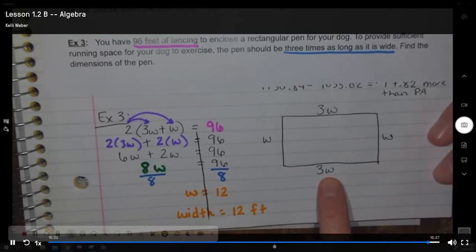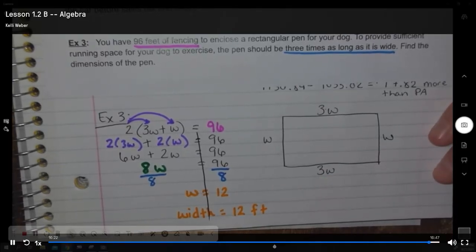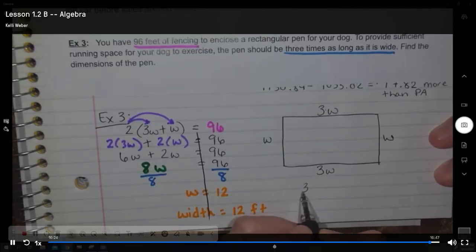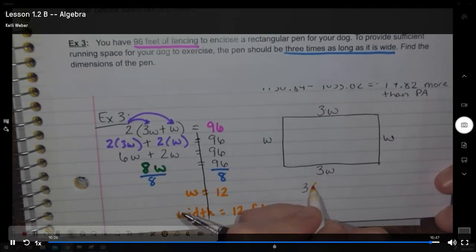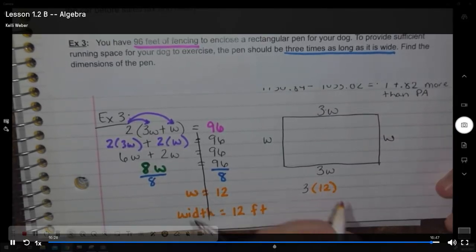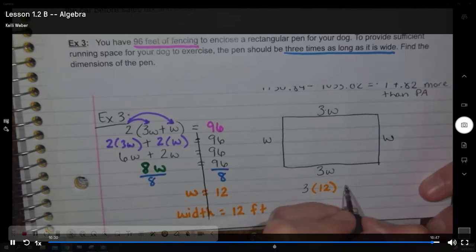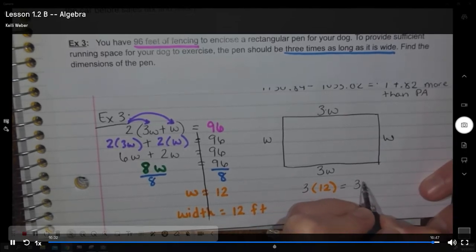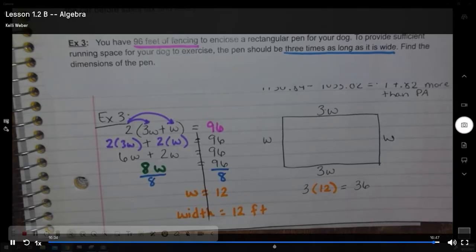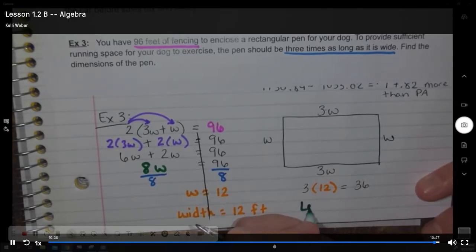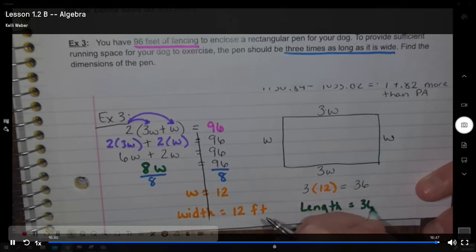And since we know that the length is 3 times the width, I have 3 times that 12 feet. So 3 times 12 is going to give us 36. So we know that our length equals 36 feet.